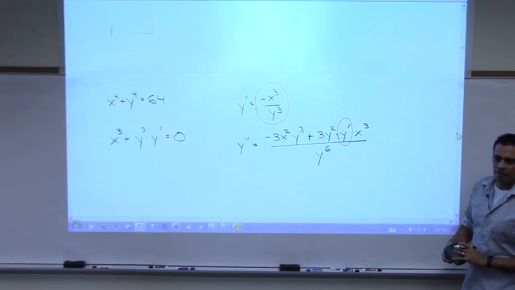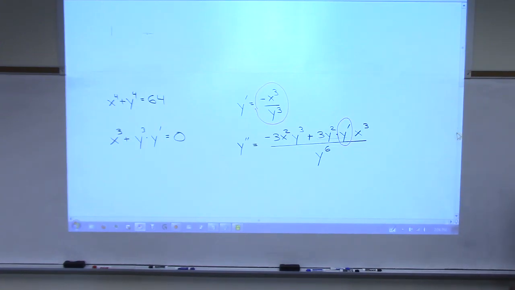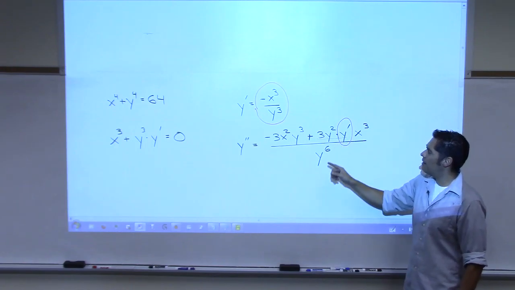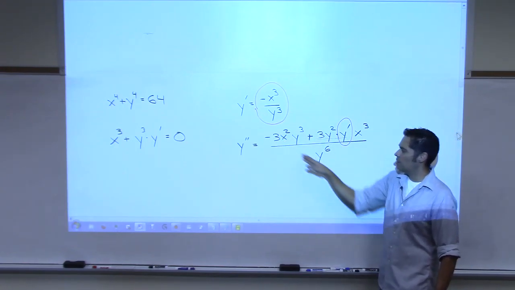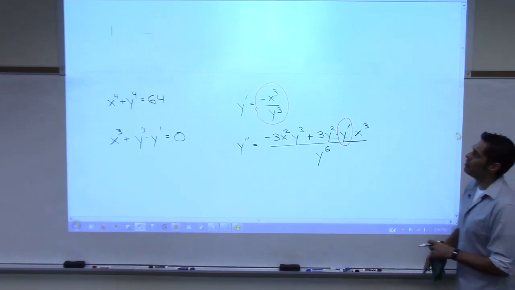Can you simplify before putting in y prime? Simplify what? I guess like take out the 3y squared top and stuff. Before this? Yeah, you could factor out a y squared, and you could reduce it and cancel. Yeah, you could do all that. You could have even done this.